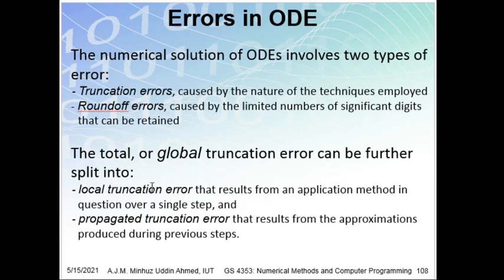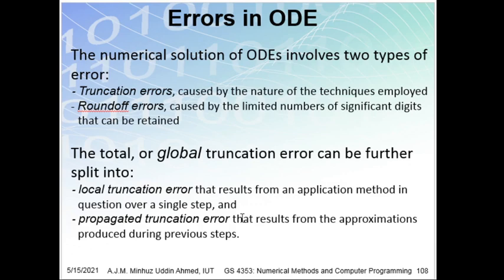One is the local truncation error, that results from applying the method in question over a single step. For a particular step, if we use the true value and predict the next value for that particular step, the error that will be generated will be called the local truncation error. And the propagated truncation error is that which results from the approximations produced during previous steps.